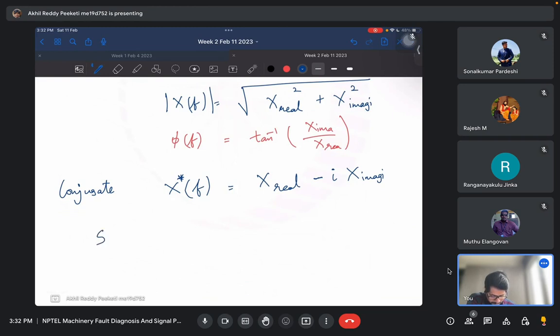In the auto power spectrum, you multiply the actual function with its conjugate.